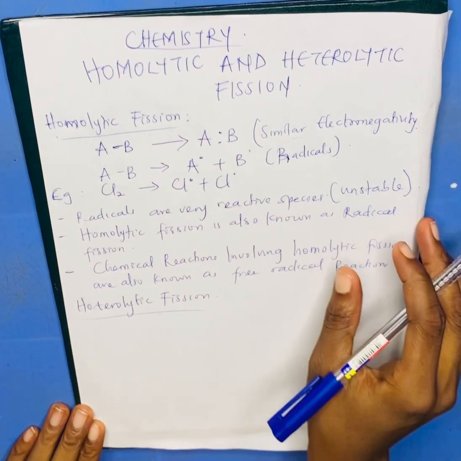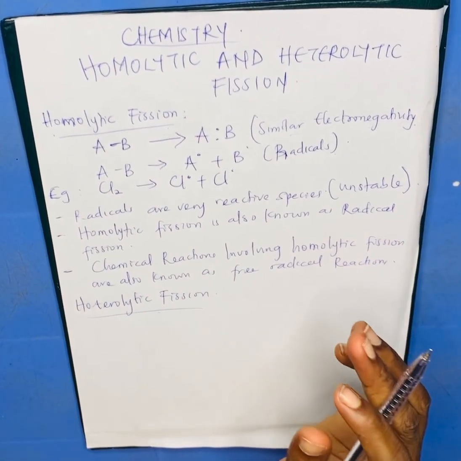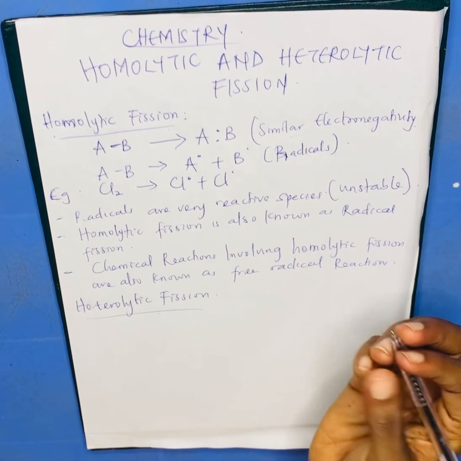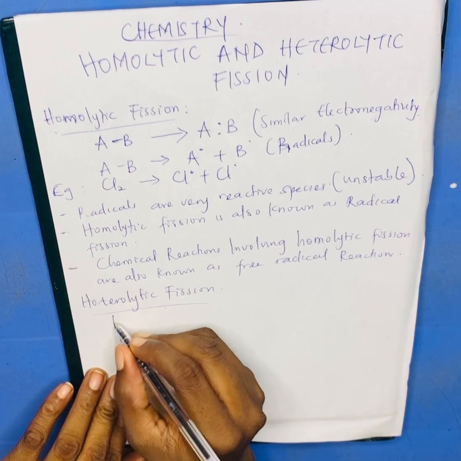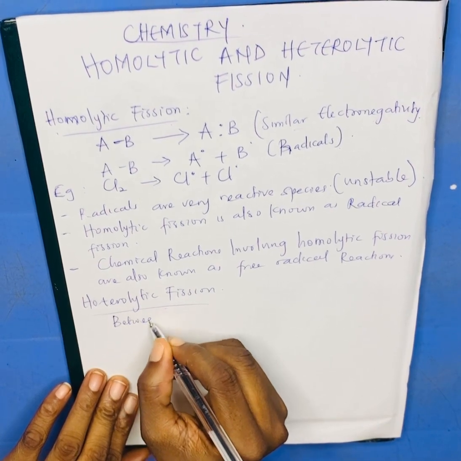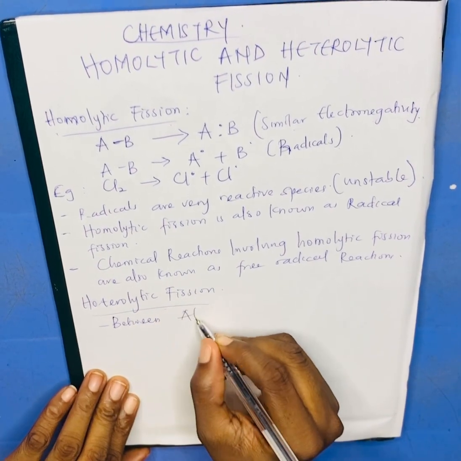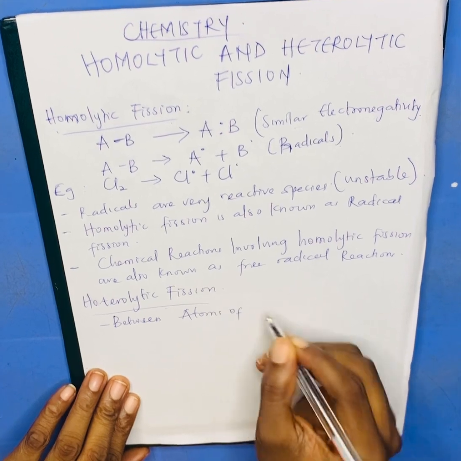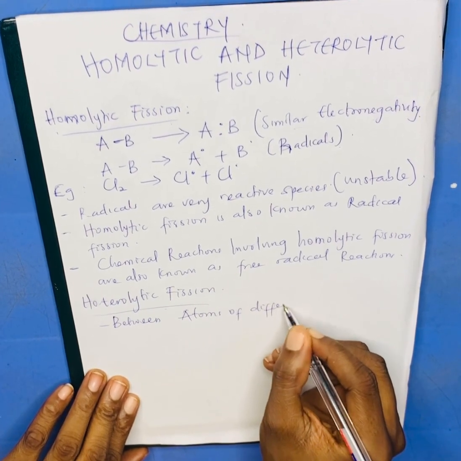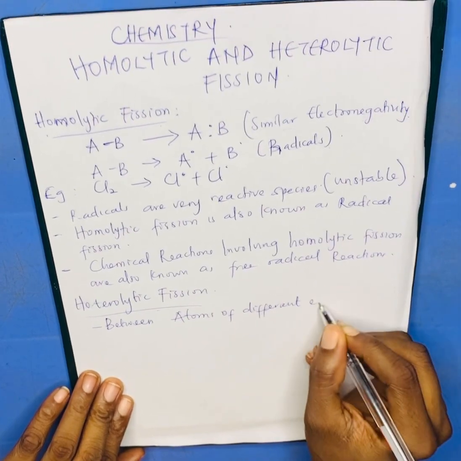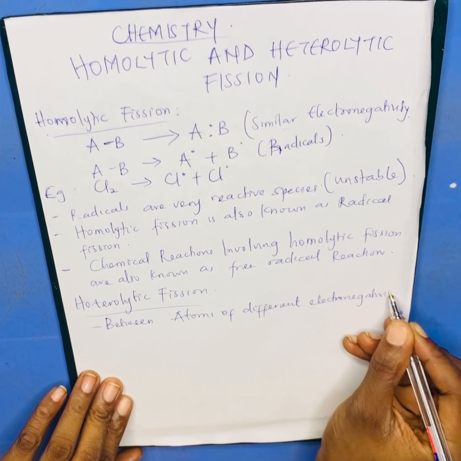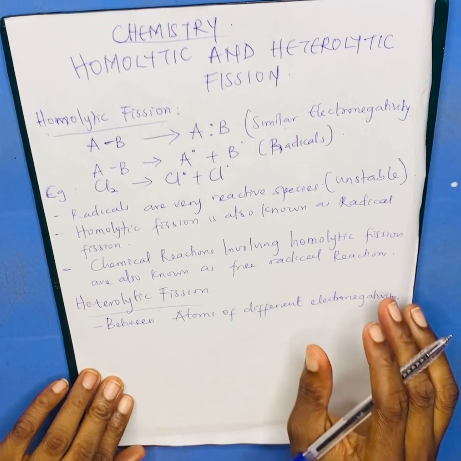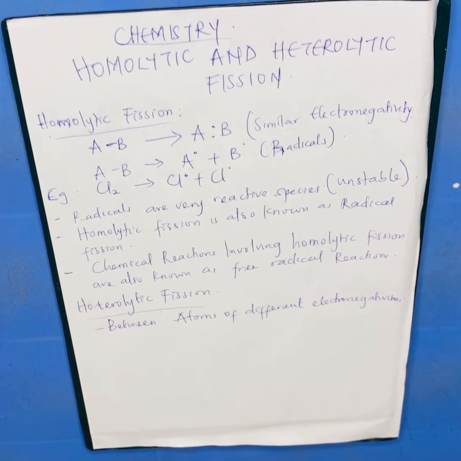Heterolytic fission takes place between atoms of different electronegativities, and it involves the transfer of electrons.